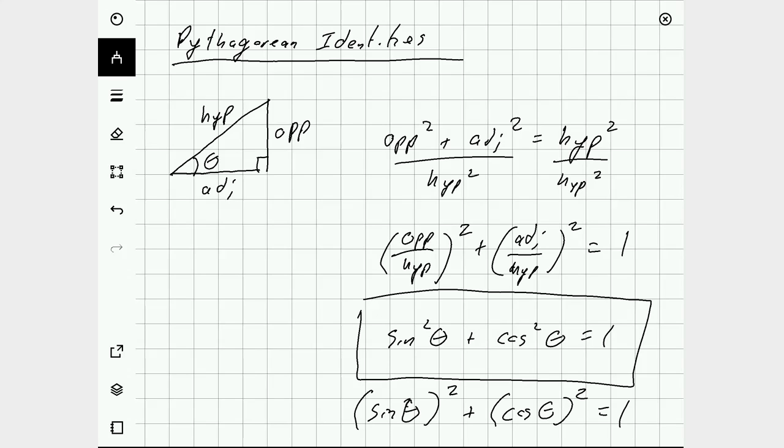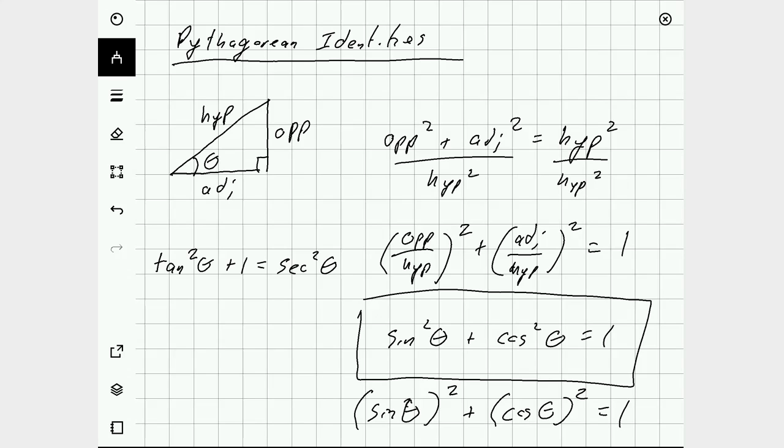It's certainly not the only one. I chose to divide both sides of the Pythagorean theorem equation by the hypotenuse. I could have just as easily decided to divide both sides by the adjacent or by the opposite. Had I divided by adjacent, I would have ended up with tangent squared theta plus 1 is equal to secant squared theta.